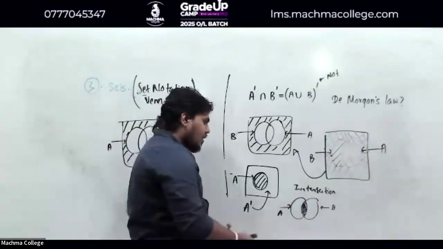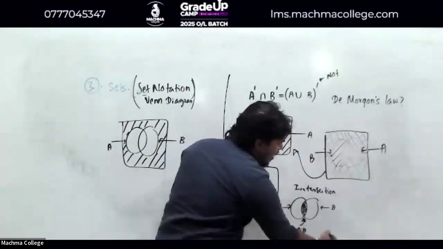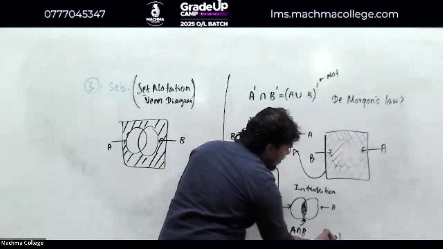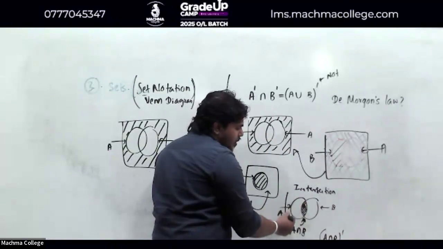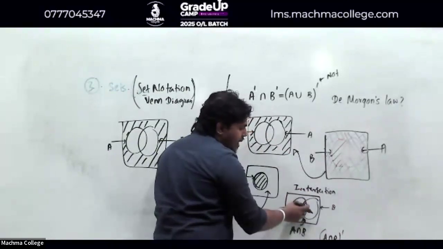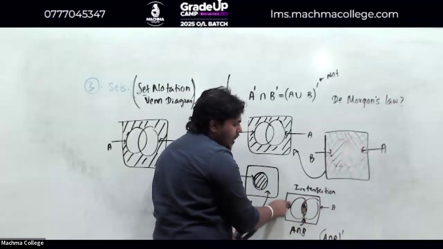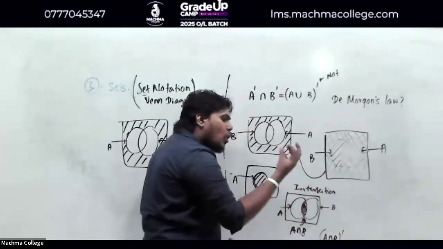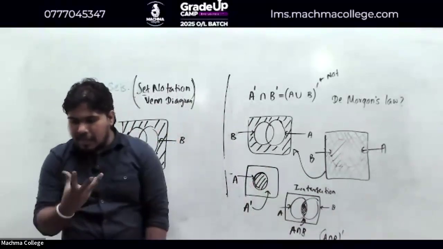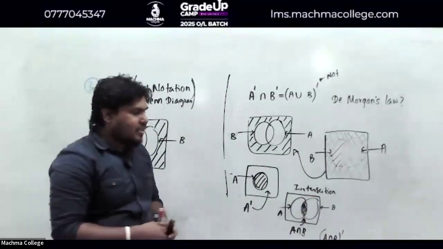So A intersection B is this. If they're asking for the complement of A intersection B, it means everything except this, the outside region. Complement means whatever the set is, not that set, outside of it. If they say to shade A complement, should we shade the intersection also?